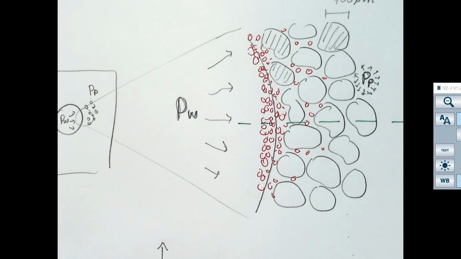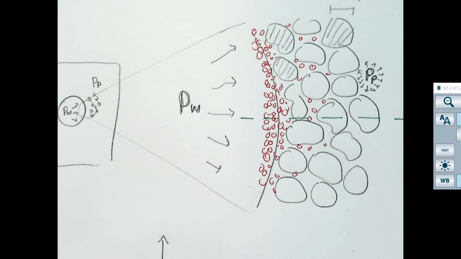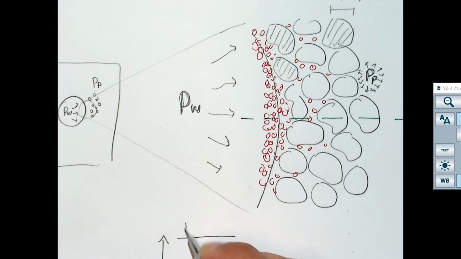Most times you want the wellbore pressure to be larger than the pore pressure. Otherwise, fluids are going to get into the formation. We're going to get into those details later on. Probably you already saw some of that in drilling, but most times you want a pressure in the wellbore which is higher than the pore pressure.